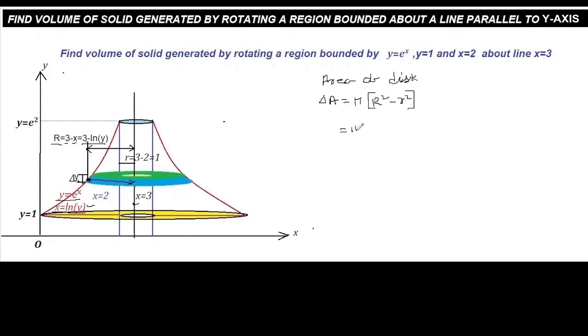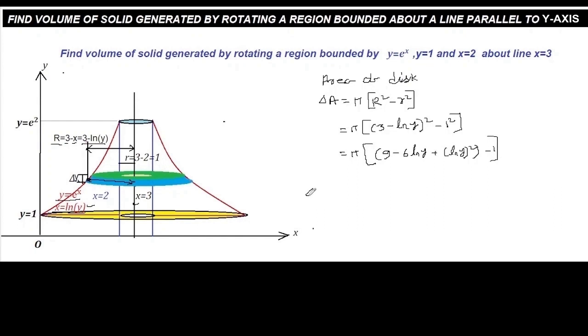Substituting all the values, we get pi times (3 minus ln y) squared, minus small r, which is 1, squared. So at the end we get 9 minus 6 ln y plus (ln y) squared, and 1 squared gives minus 1.